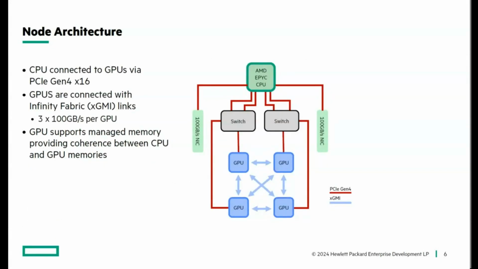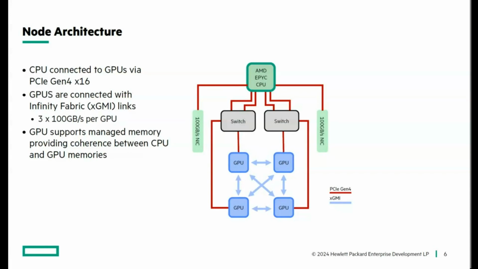And then, as Andy showed in the explosion of the node architecture, you have the EPYC CPU at the top, connected to both the network interfaces and the GPUs through PCIe lanes. I realize it's a bit complicated. Technically, there are switches in the way, but you can just think of this as one part of that CPU connecting directly through PCIe to an individual GPU. There's a set of PCIe lanes, or a single PCIe lane if you want to think of it that way, connecting you to a single GPU.